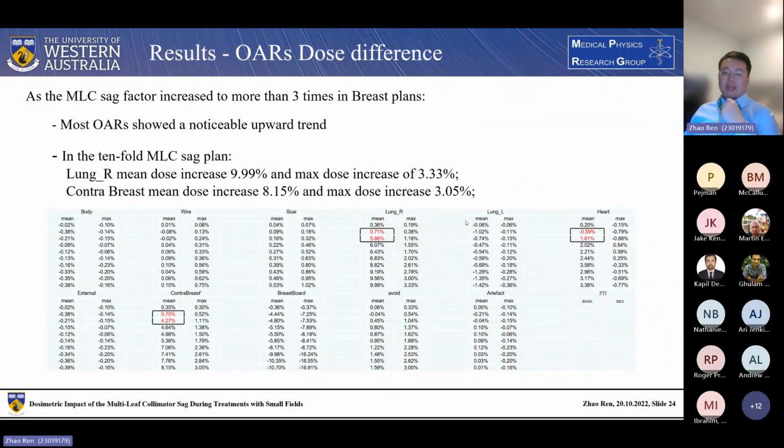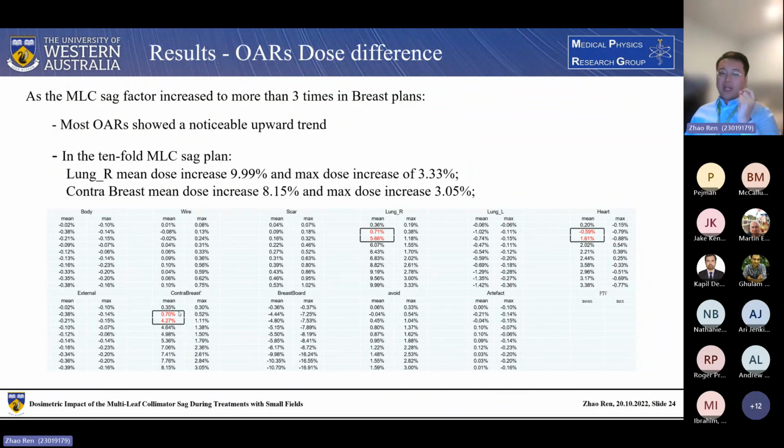And also, I will directly show you the table about this with the increases. As you can see, as the MLC sag increases from 2 times to 3 times, in the right side lung and the contra breast, this part I will mark in red. At 2 times the MLC sag, the change is only 0.7%.